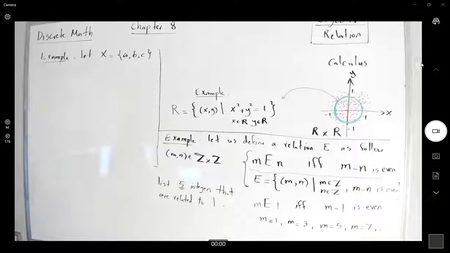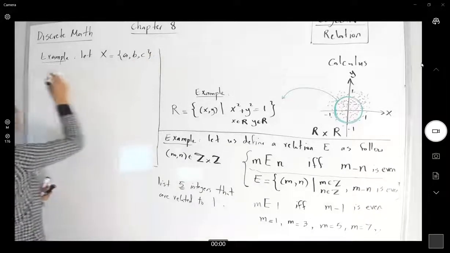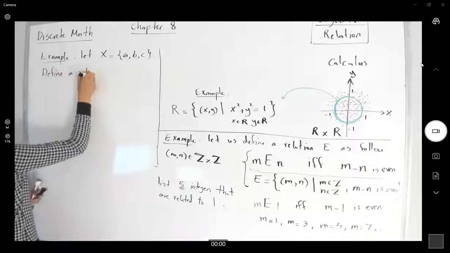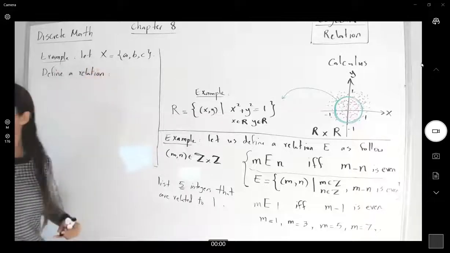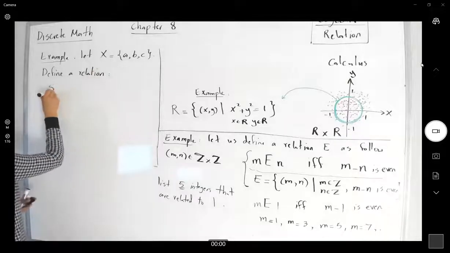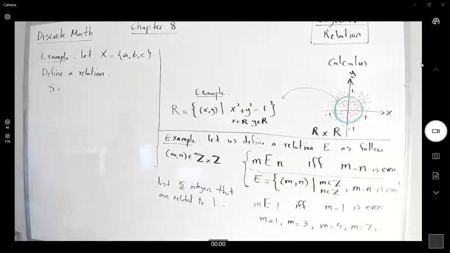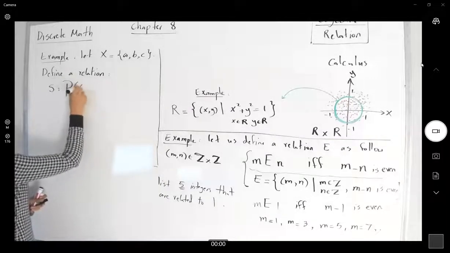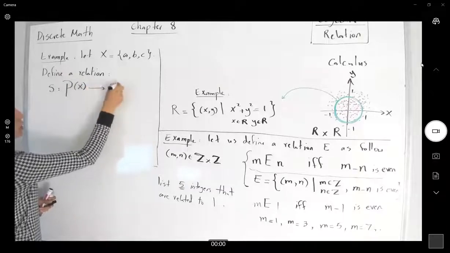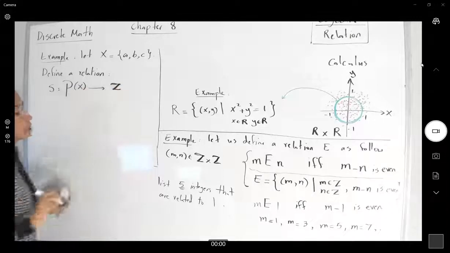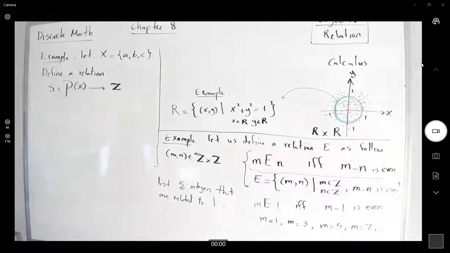It also says define a relation as follows. This relation is S from the power set of X to Z. So it's the relation that we're trying to define. This relation is defined as follows.